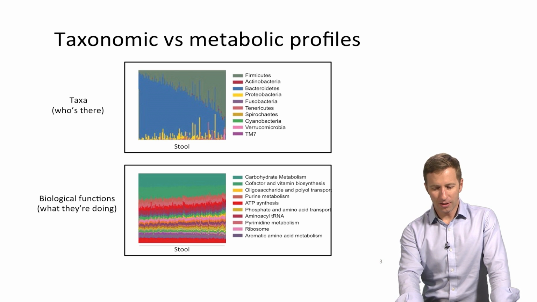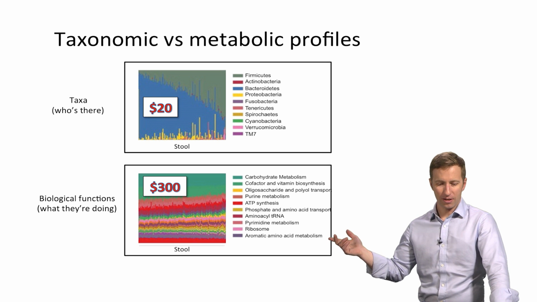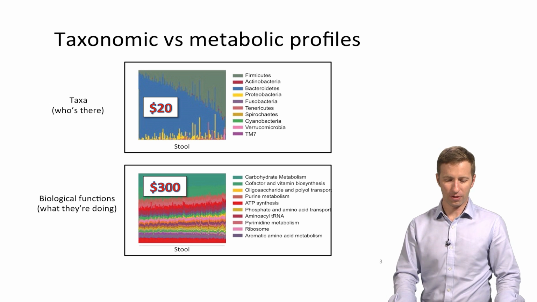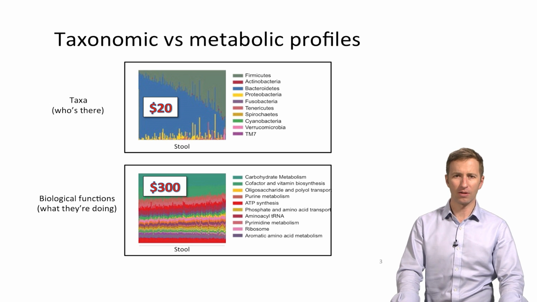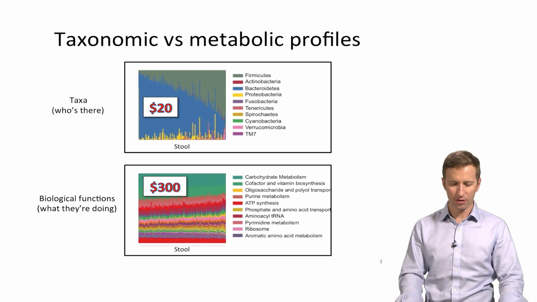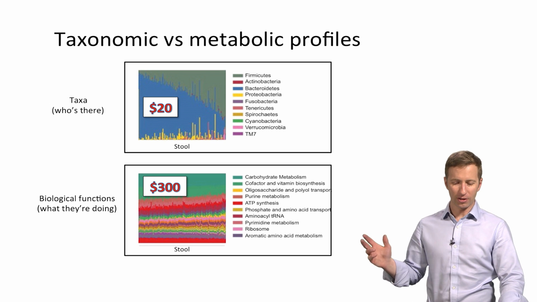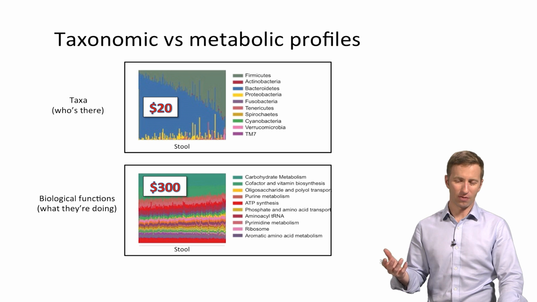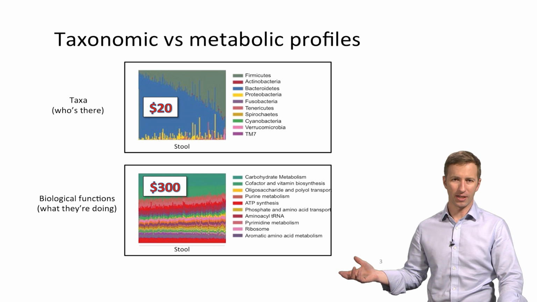The challenge is that the taxonomic annotation you can get with 16S sequencing or amplicon sequencing, which is now $20 or $30. And then the biological functions require you to sequence much more deeply, so you have to do whole genome shotgun sequencing.